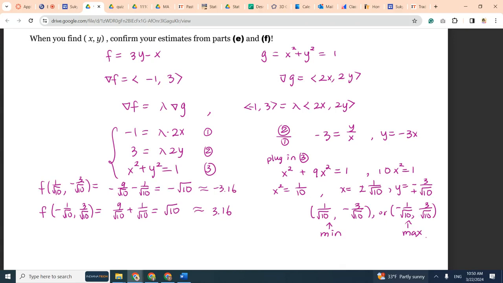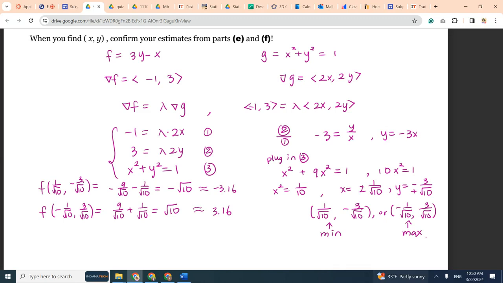You get directly x is plus or minus 1 over root 10, and then your y is negative 3 times x. You get y is positive or negative 3 over root 10. We get the same answer. So this is a different way to solve the system.